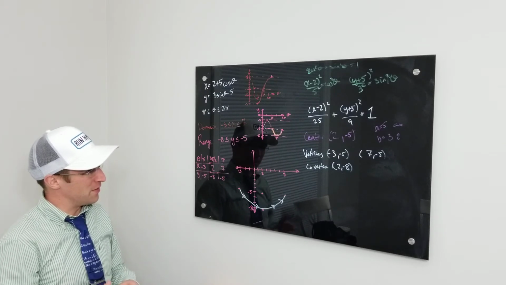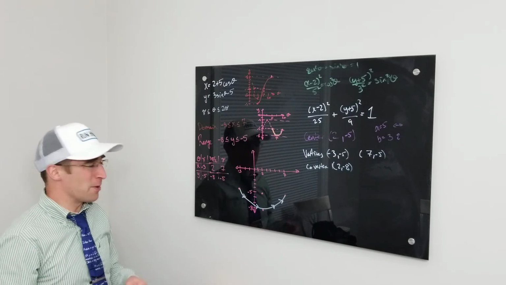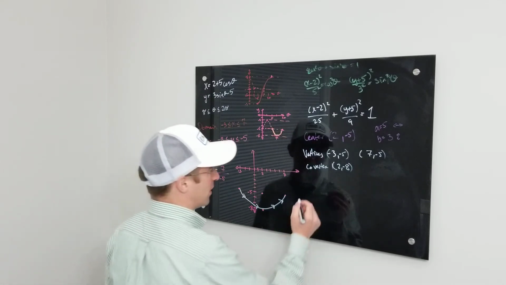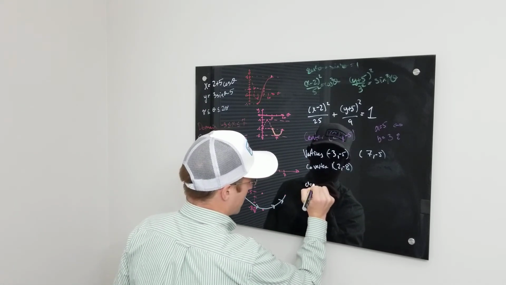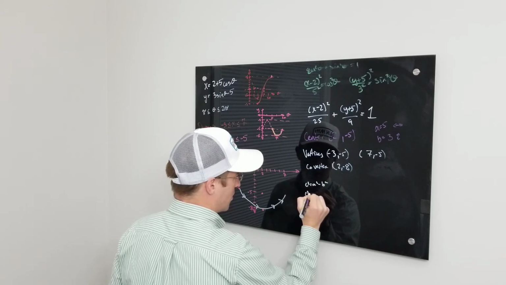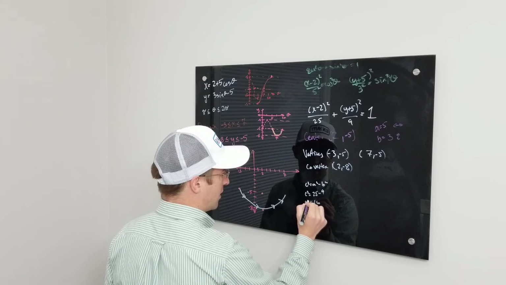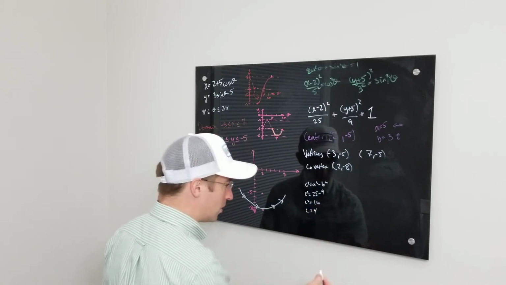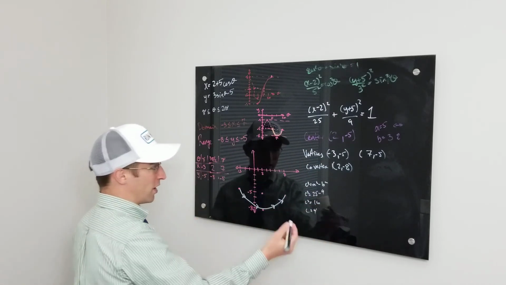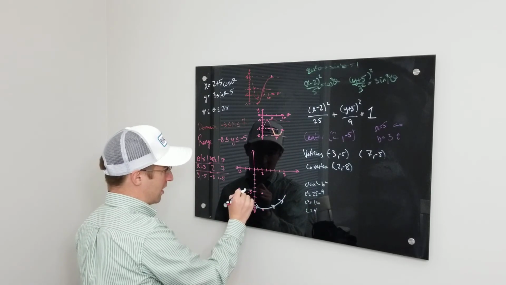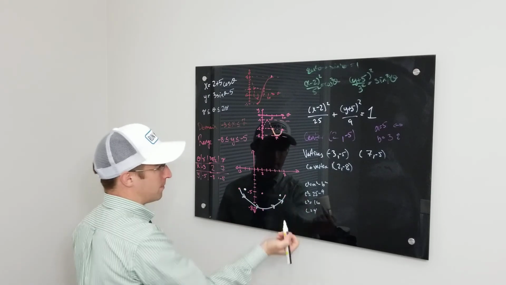I believe that's all we need. Oh, the foci. We can put the foci on there, sure. Just as a reminder, c squared equals a squared minus b squared, so c squared equals 25 minus 9, which is 16. So c equals 4. So we go 4 left and right of the center. So instead of 5, it'd be 4, so it'd be like here and there.